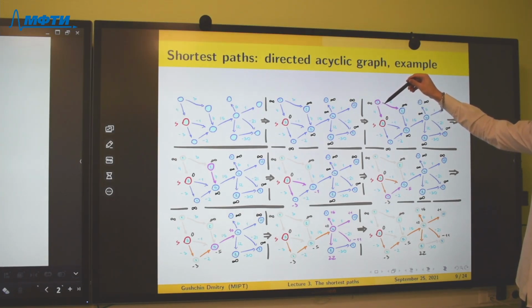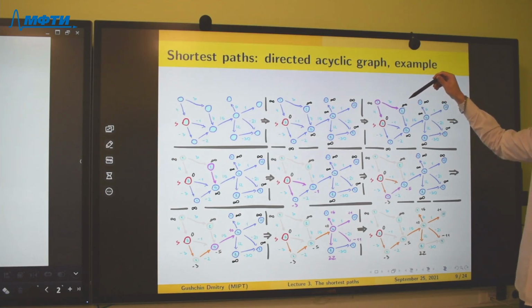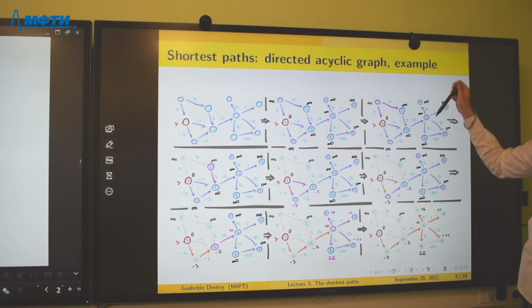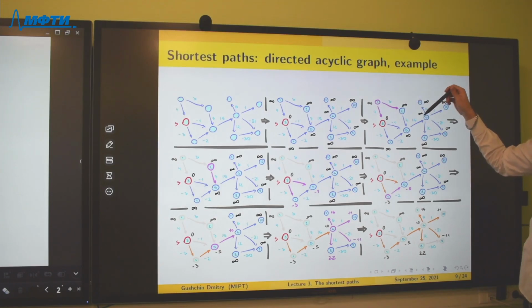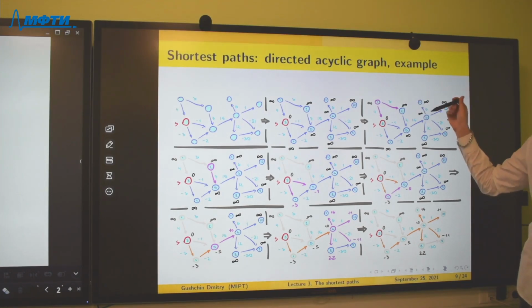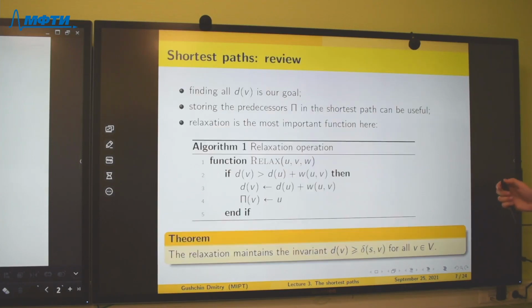If this vertex has a distance bigger than this distance plus the weight of the edge, we set the new distance because of the relax operation.